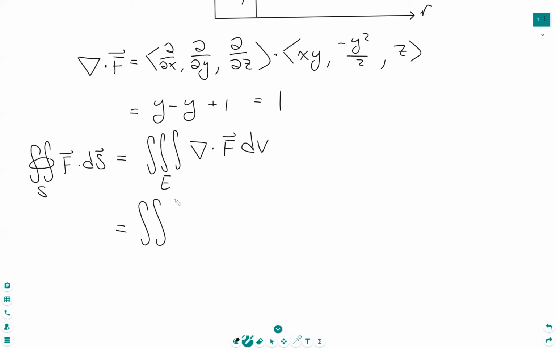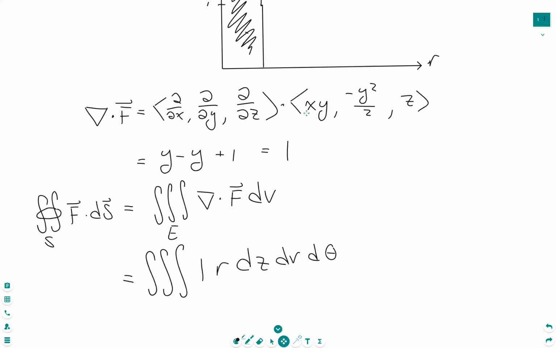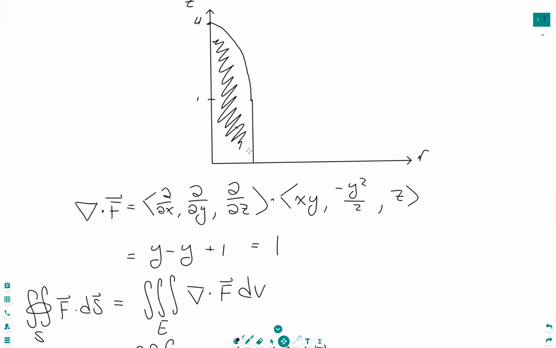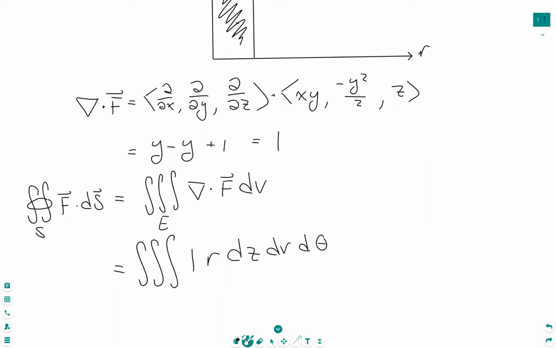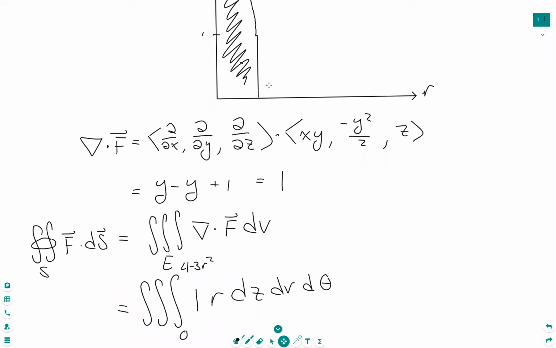Or I can do my volume integral in cylindrical coordinates. Let's just write out what our integrand is first. So our integrand from the divergence of F is just 1. This is 1 times r, remember our Jacobian for cylindrical coordinates. And then I'm going to do dz, dr, d theta. So looking up above at our little structure here, we know that z goes from 0 up until this curve. So this goes from 0 to 4 minus 3r squared. And that means that we're projecting down to the r theta plane.